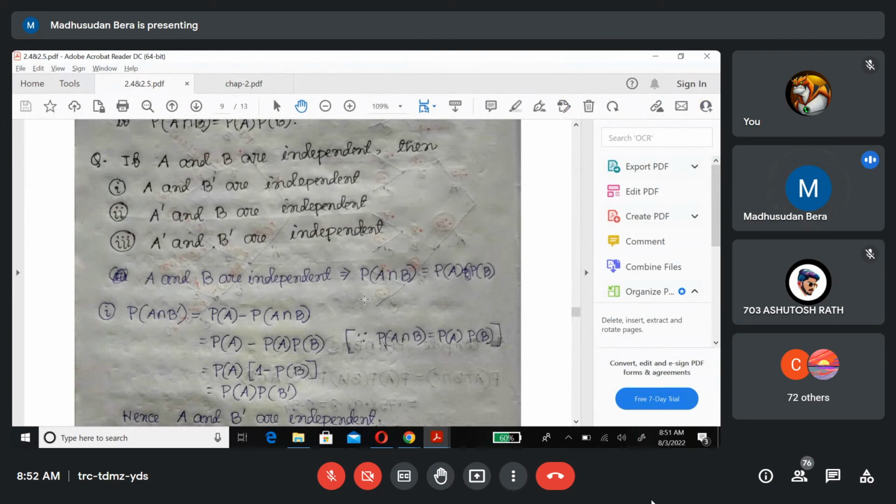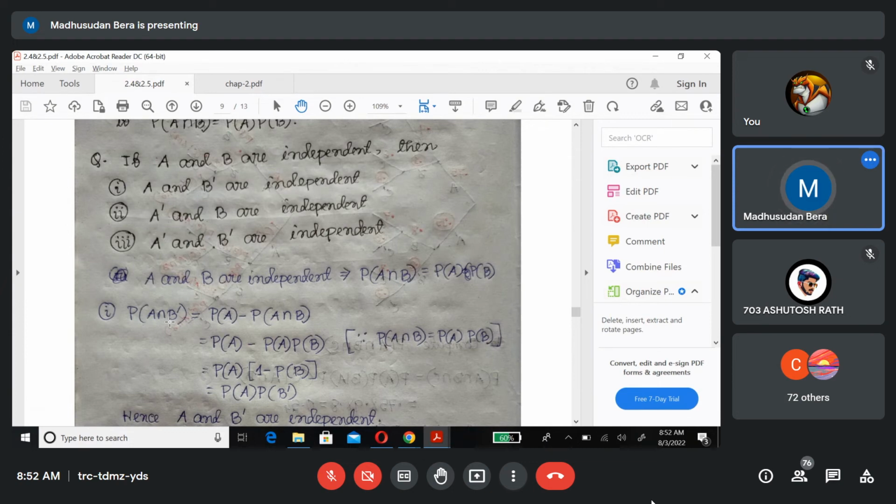So what is the proof? A and B are independent, so P of A intersection B is PA into PB. We use that one. We have to show A and B dashed are independent, which means we have to show P of A intersection B dashed is PA into PB dashed.